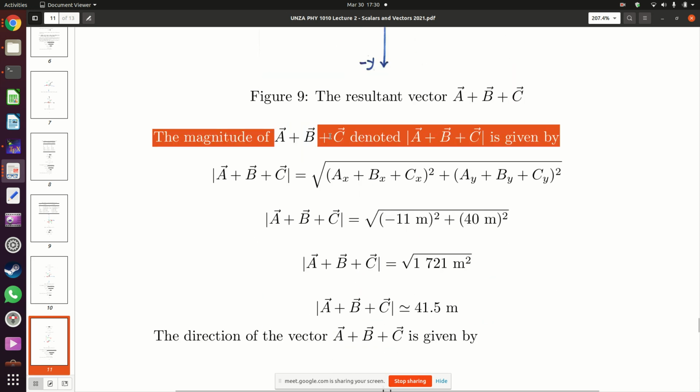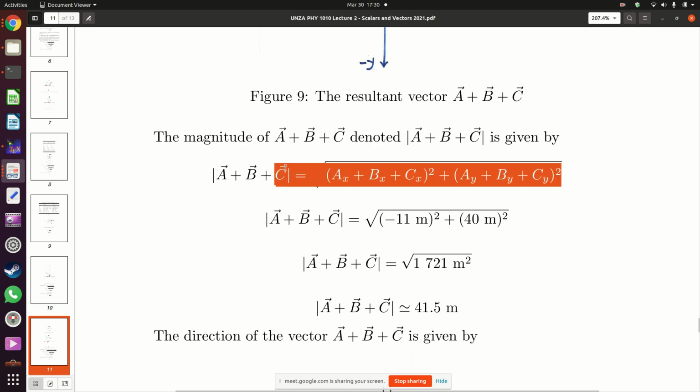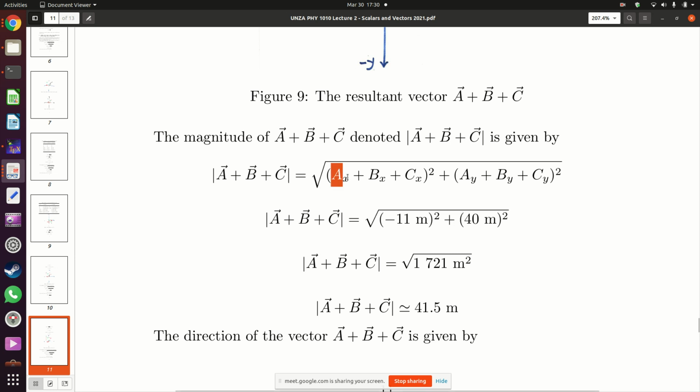So the magnitude of A plus B plus C is the square root of AX plus BX plus CX squared plus AY plus BY plus CY squared. This is the size of A plus B plus C along the x-axis. This is the size of A plus B plus C along the y-axis.